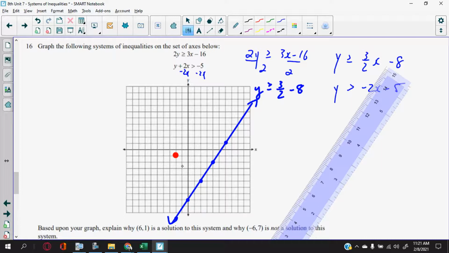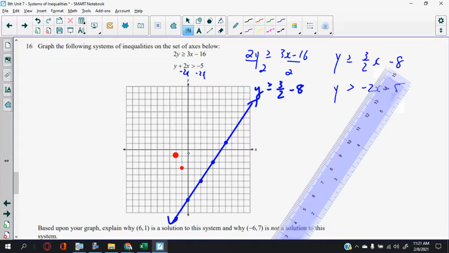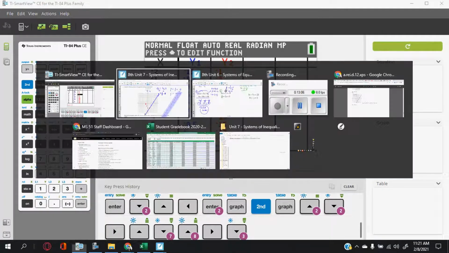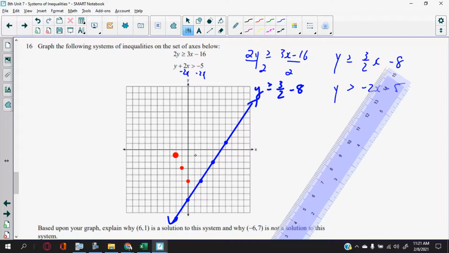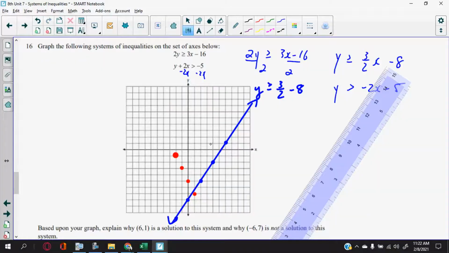Negative 1, 1, 2, 3. 0, negative 5. 0, 1, 2, 3, 4, 5. Alright, you see where this is going, right? 1, negative 7. 1, 2, 3, 4, 5, 6, 7. Let's do one more. Okay, 2, negative 9. 1, 2, 3, 4, 5, 6, 7, 8, 9.